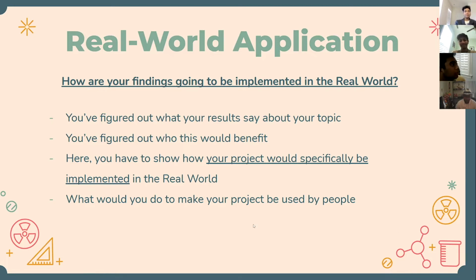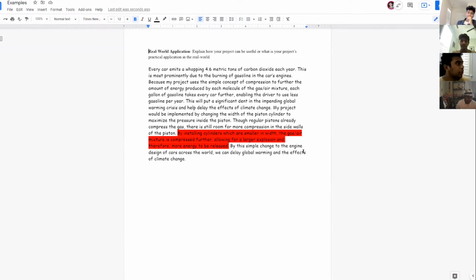So now I'm going to show you guys an example. So this is the example of the real world application. And so we can see here how we're starting off our real world application with a real life problem of global warming and how car engines contribute carbon dioxide to the atmosphere, which causes global warming.